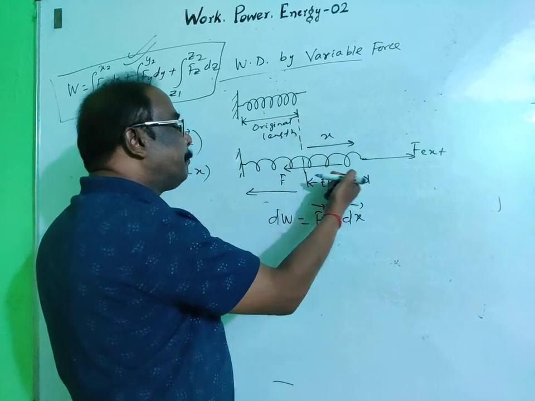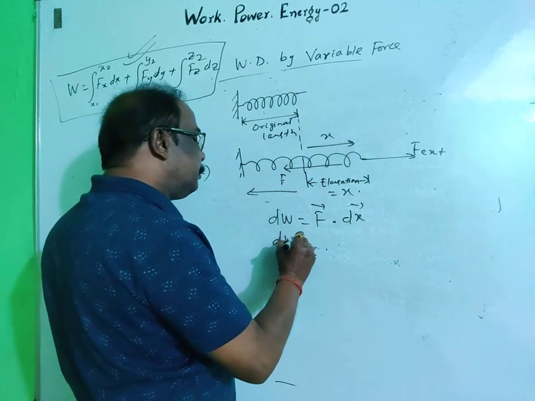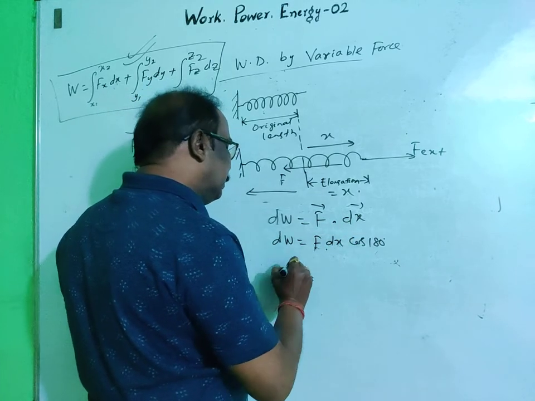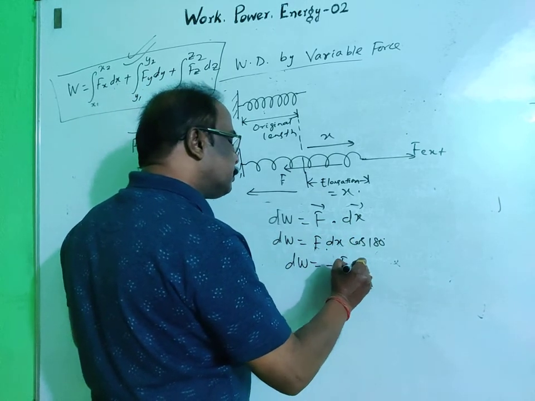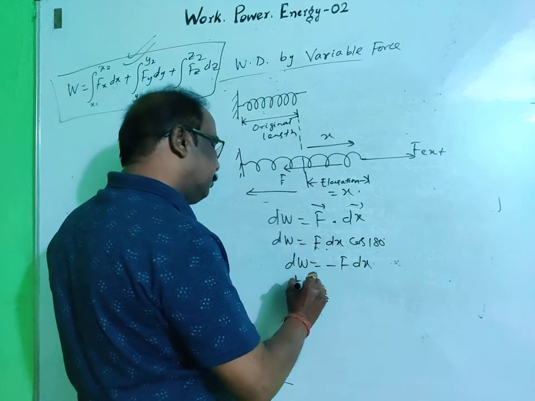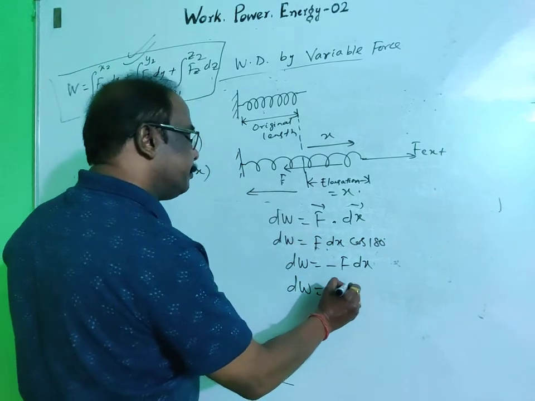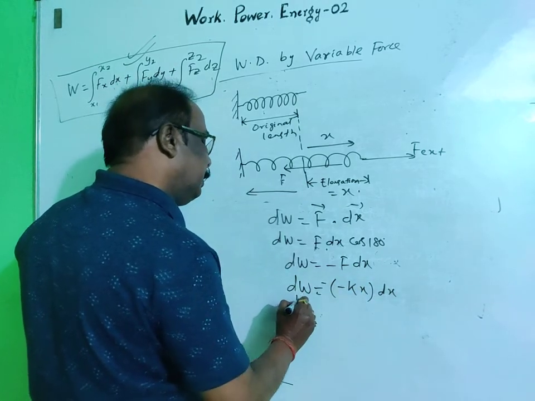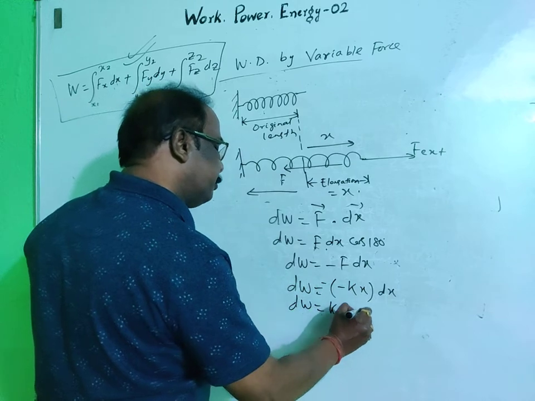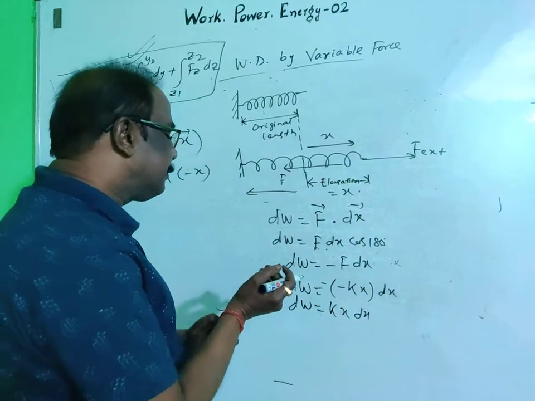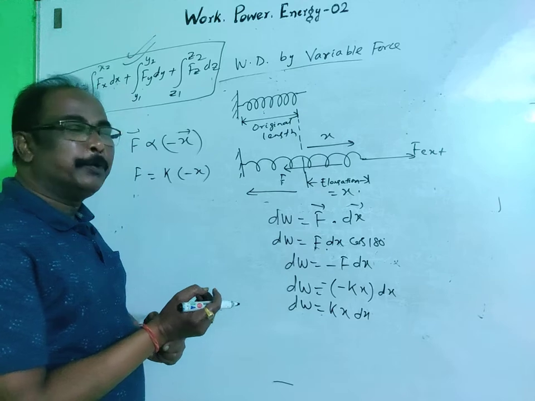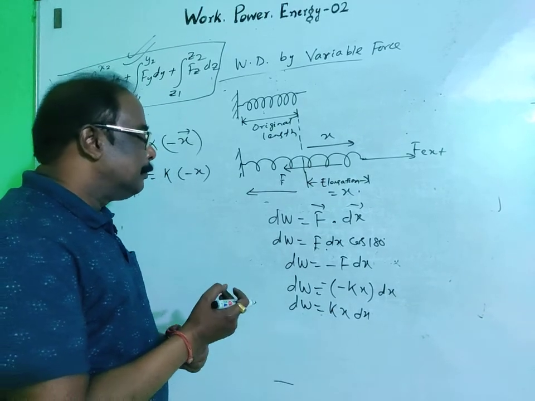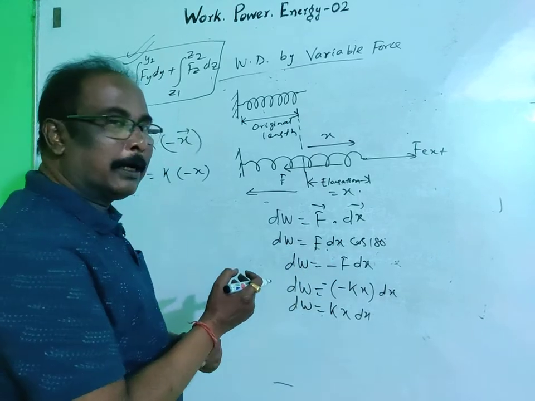Since elongation and force are in opposite directions, dW is equal to F dx cos 180 degrees, so dW is equal to minus F dx. In place of F, I can write minus kx into dx. So dW is equal to kx dx. No need to take the negative because work is a scalar quantity, we just want to know the magnitude of the total work. The negative sign shows that the work is negative.